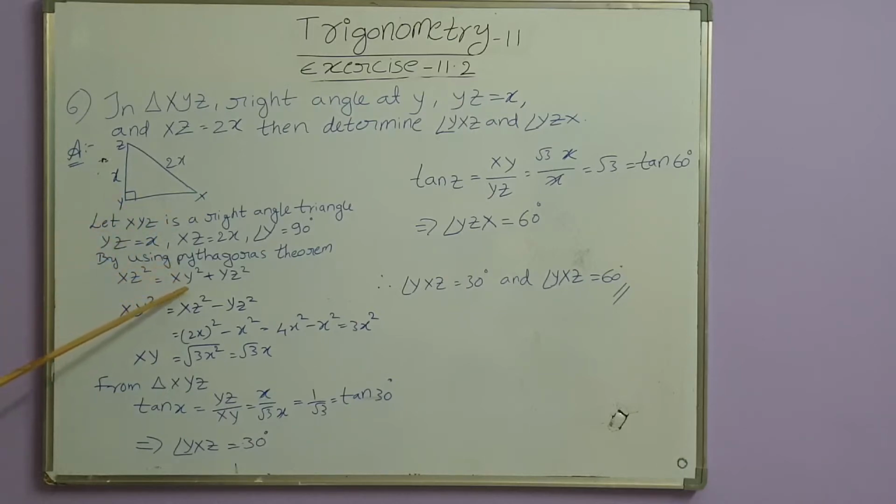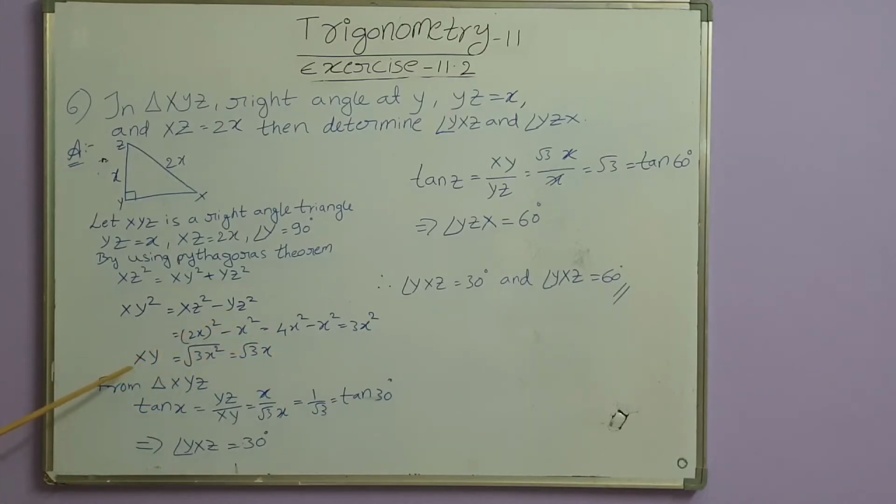So XY square is equal to XZ square minus YZ square, which is 2x whole square minus x square. 2 twos are 4, so 4x square minus x square is 3x square.